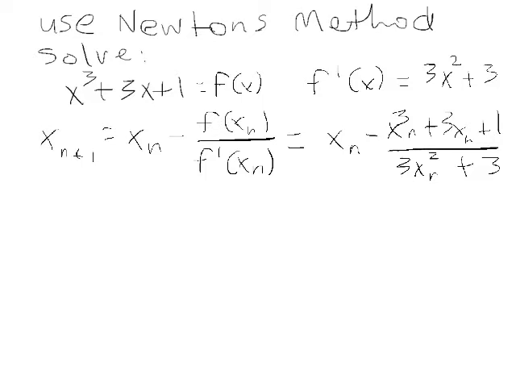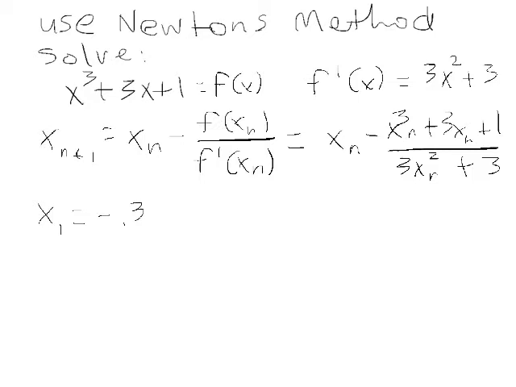So what we want to do is pick the first x, x1. And what I would recommend is that you just graph this guy, graph x cubed plus 3x plus 1, put it on your graphing calculator, and find where it crosses the x-axis. One of the places that it crosses the x-axis looks like it could be pretty close to negative 0.3. You can even just rough eyeball that and take your best guess. It's not a super big deal.